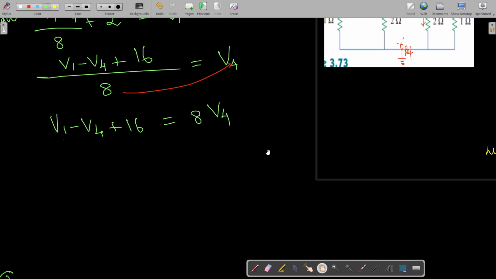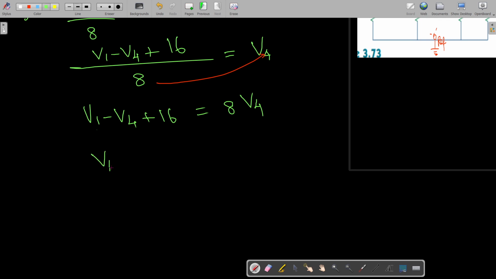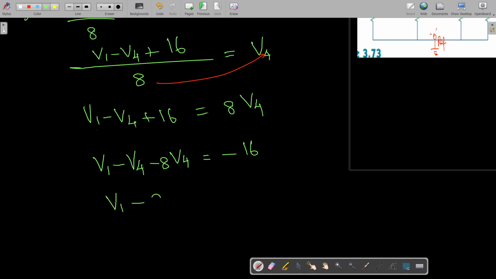Rearranging the terms, we can write this as V1 minus V4 minus 8V4, that is equal to minus 16. That is, V1 minus 9V4 equal to minus 16. This is our second equation.